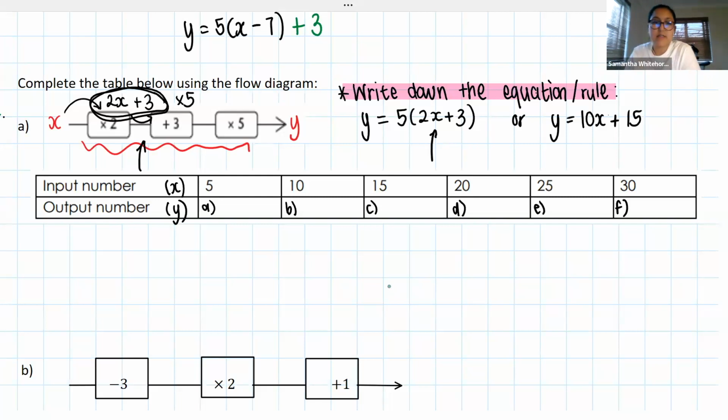All right, grade 8. So what I'm going to do is show you how you would do the calculation just with your first answer, and then I'll ask for some hands. So if we take 5, I'm going to show you with the flow diagram and with the equation. If we're going to use the flow diagram, we need to follow the operations, which I'm just going to write out here.